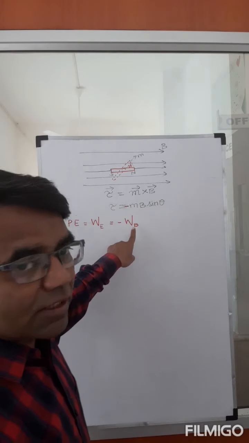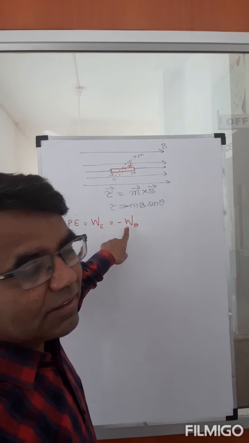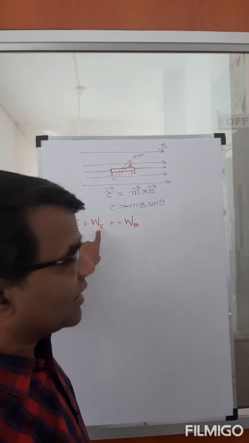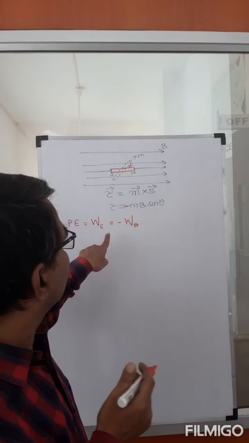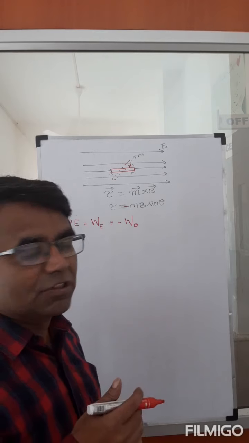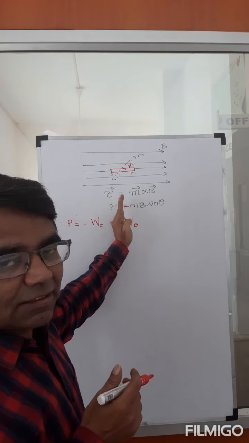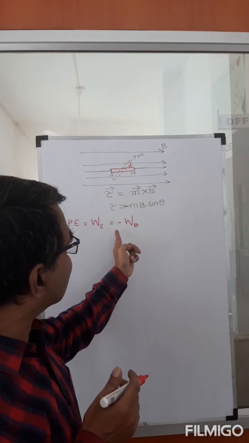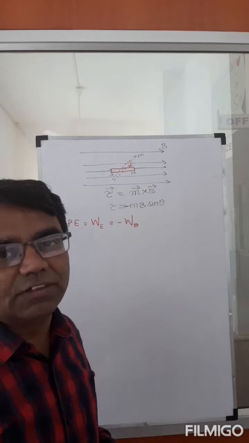So if I can find the work done by the magnetic field and assign a negative sign to it, that will give me the work done by the external force, in this case mine, and that is equal to the potential energy. So potential energy is not the work done by the magnetic field, it is the negative of the work done by the magnetic field, and that is true in every field.